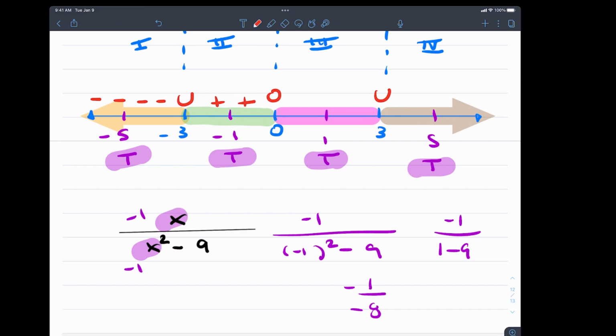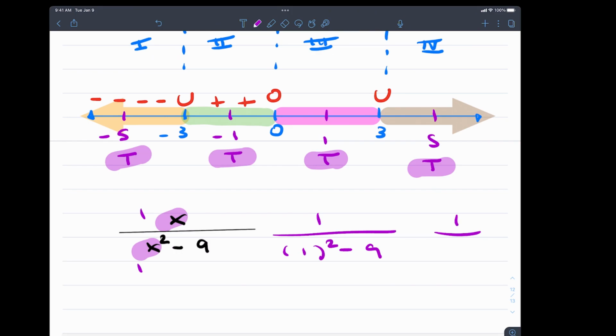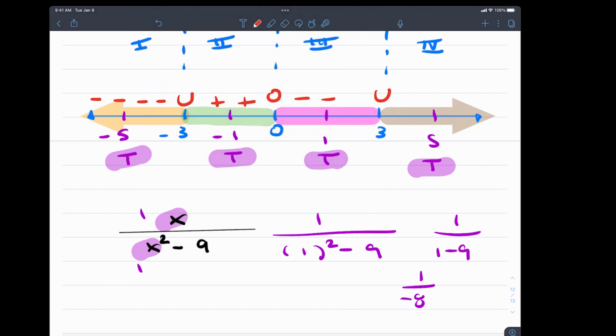Good. Let's plug in the positive number. We got 1 over 1 minus 9, 1 over a -8. What's a positive over a negative? That's going to be a what? Negative.